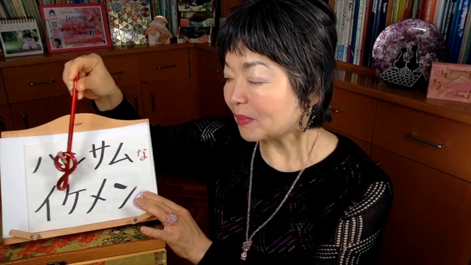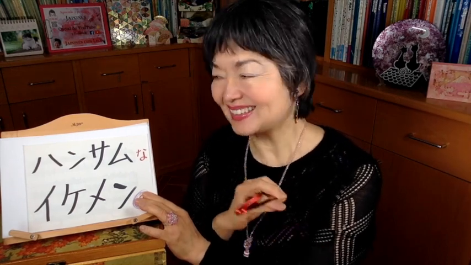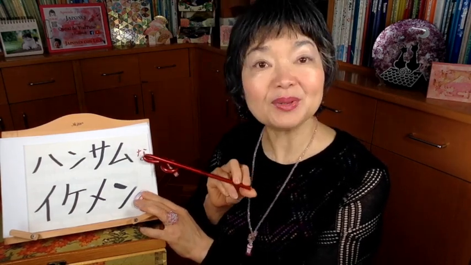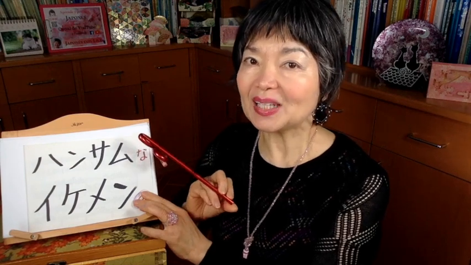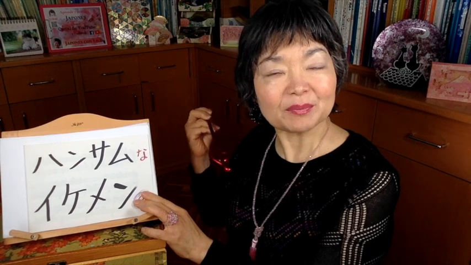イケメン we don't use like な形容詞, just like a noun. Oh, he's a good looking guy. 彼はイケメンです. And handsome is な形容詞, handsome な noun.